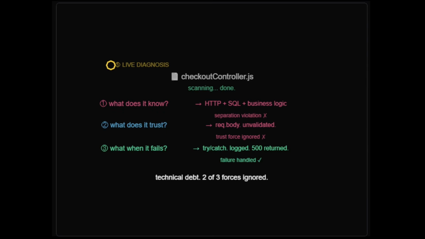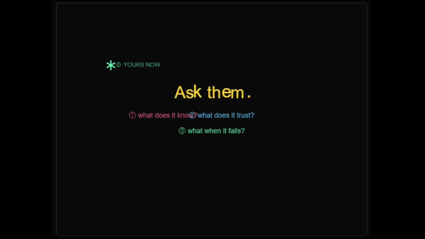These three questions are your diagnostic tools. You can walk into any code base, pick any file, and ask them. The answers will tell you whether the system is well designed or whether it has accumulated technical debt you will eventually be asked to fix.